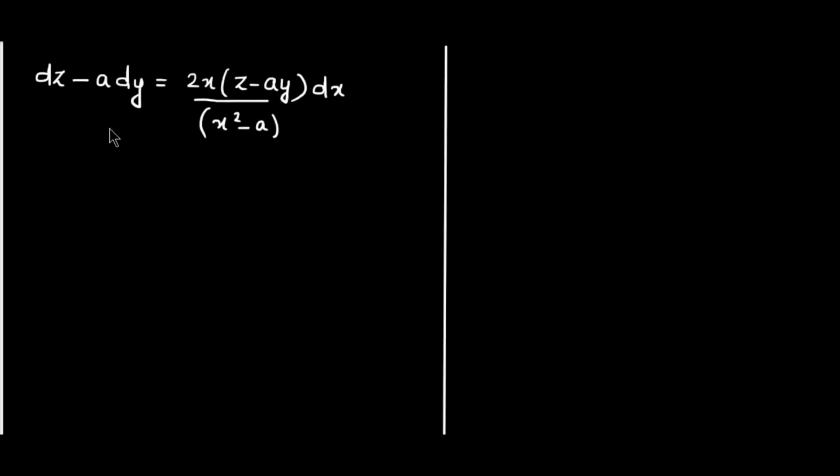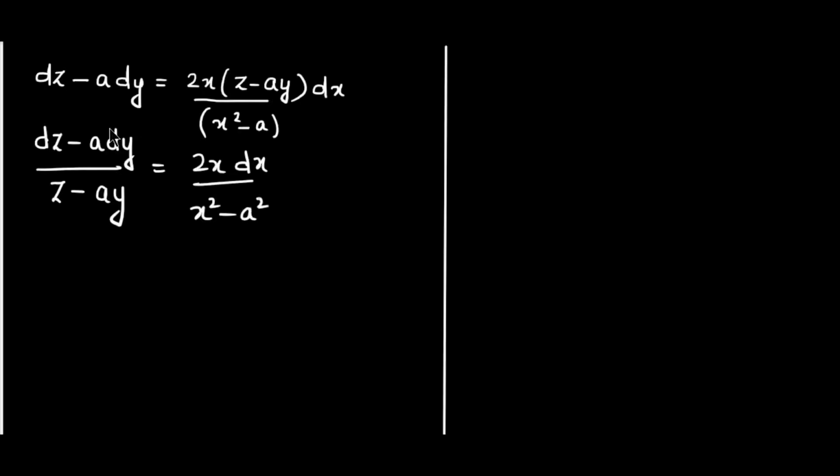In the left hand side we have dz and dy, that is why I bring z minus ay to the left hand side. So dz minus a dy divided by z minus ay will be 2x dx divided by x square minus a square. The variables are separated now. Now we can integrate this and find the solution.